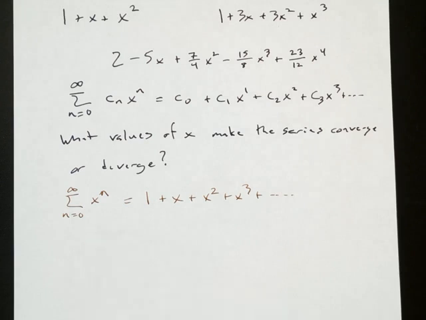N equals 0 to infinity, the sum x to the n. What kind of series is that? Yes, all of these are power series, but what other descriptor can I use for the same series?